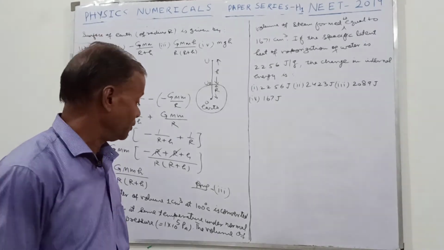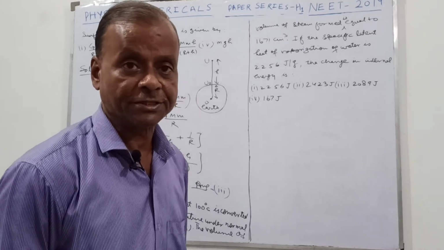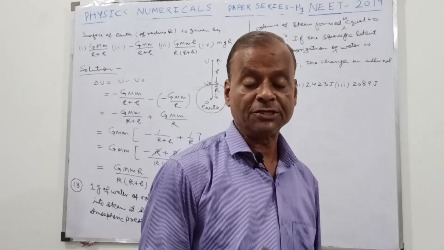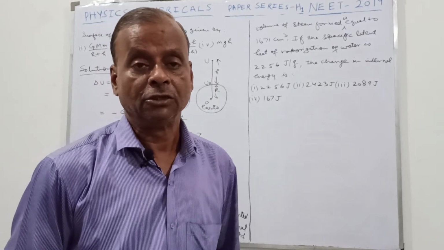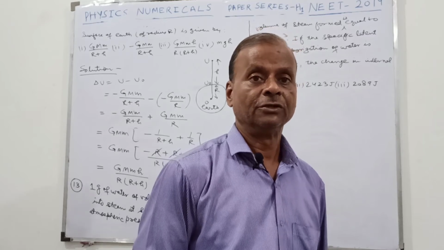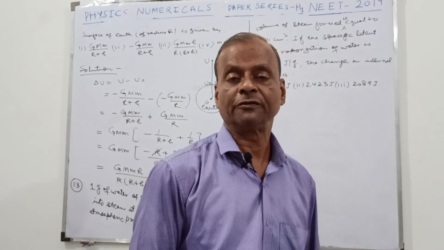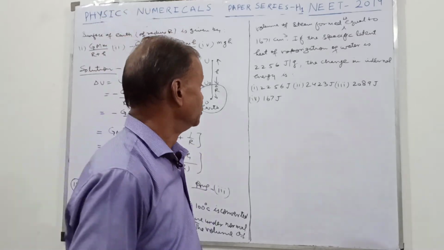So this is a problem related to the change of state. So the water is being converted into vapor. It is already given that 1 gram of water has volume so and so at 100 degrees Celsius, which is to be converted into 100 degrees Celsius of vapor.